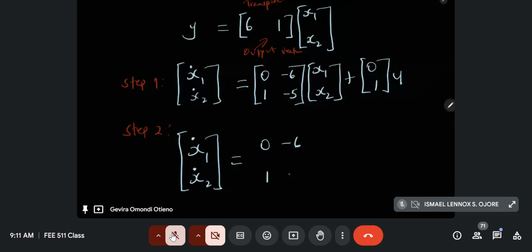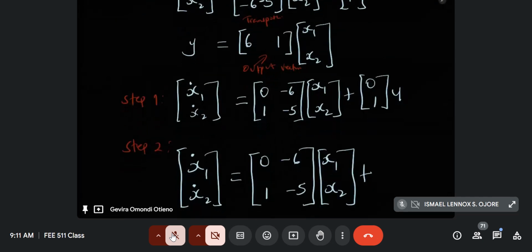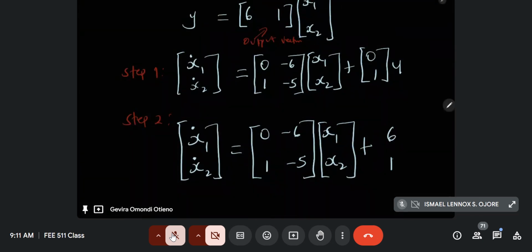that already, like that, x1, x2, plus. Now it is not 0 1. We take the elements that exist here. The elements of the output matrix is 6 1, and we give them to the input. Okay, u of t.